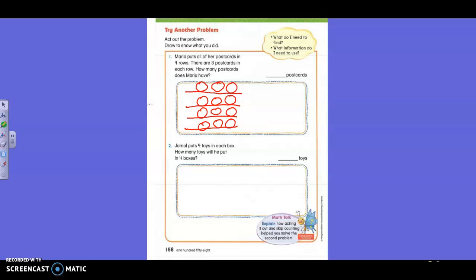So we start with 3, 6, 9, 12. Okay, this time they have the label for you. Aren't they nice? So what number are we putting up there? 12.